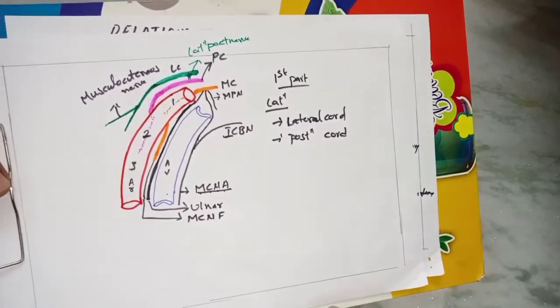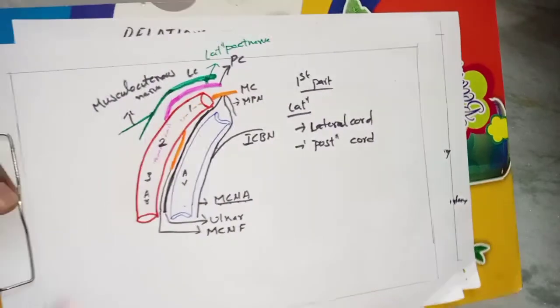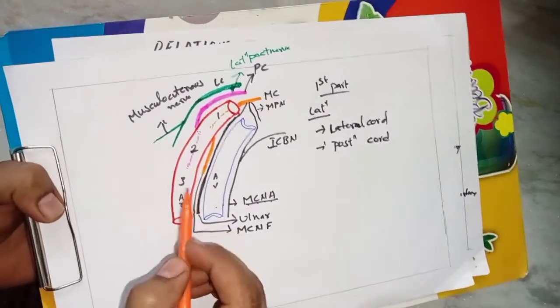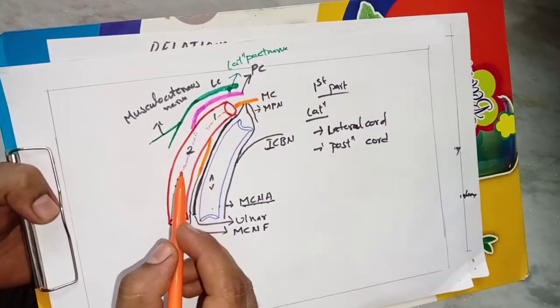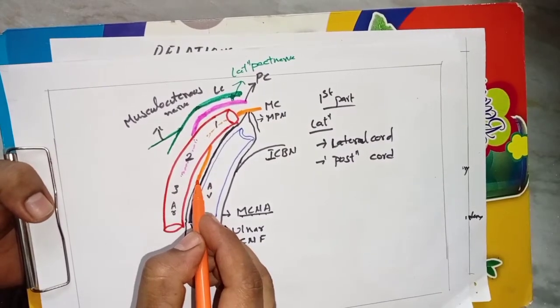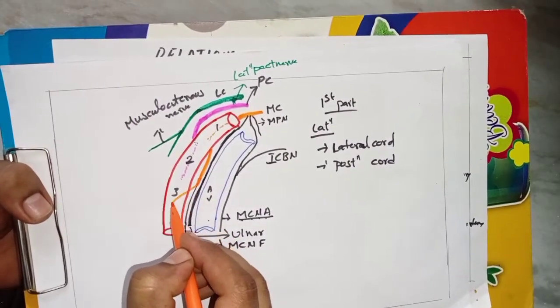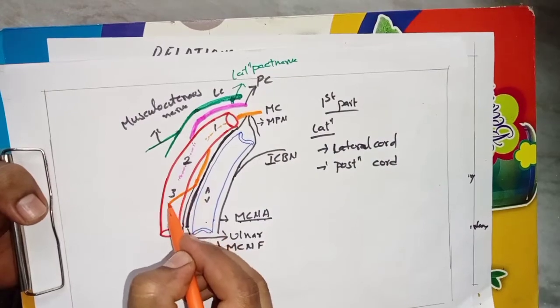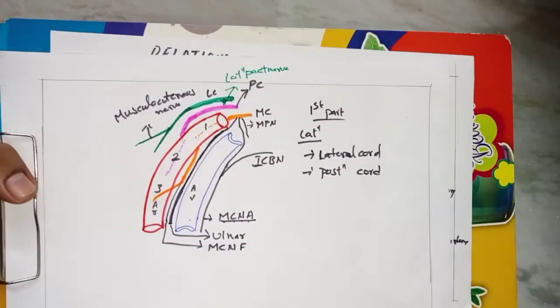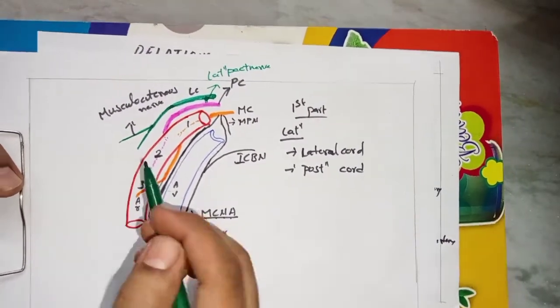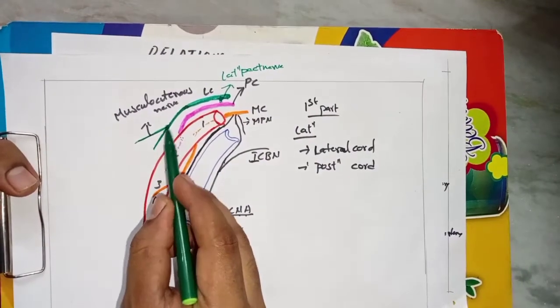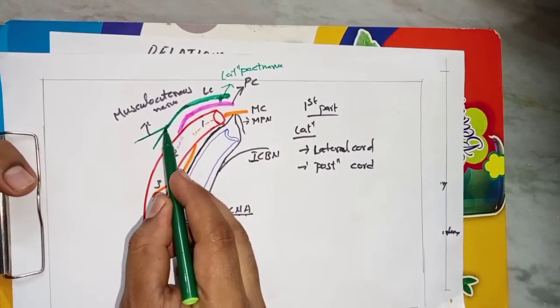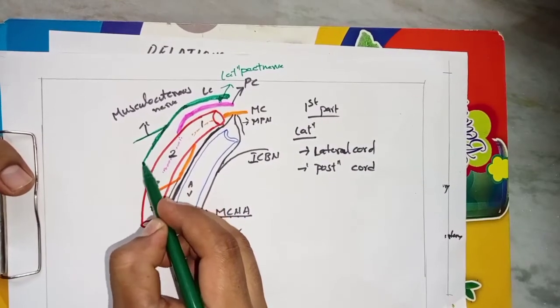So what is this medial root of the medial cord? I will explain now. Here is the medial cord of the brachial plexus, which is present medial to the second part of the axillary artery. Here it gives a branch called the medial root of the medial cord. This green color one is the lateral cord of the brachial plexus, right? From the lateral cord, another root is coming.